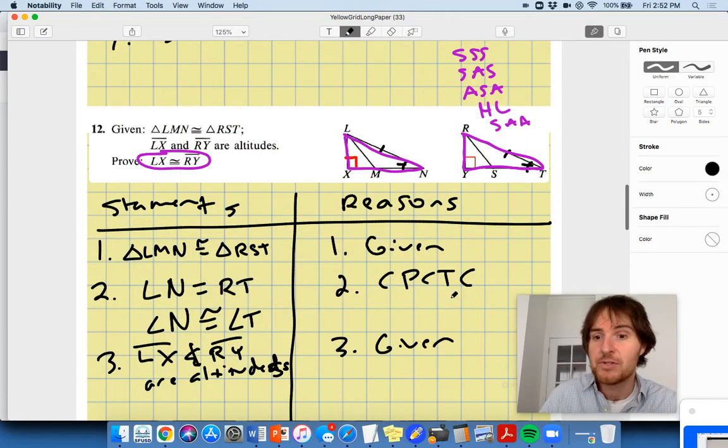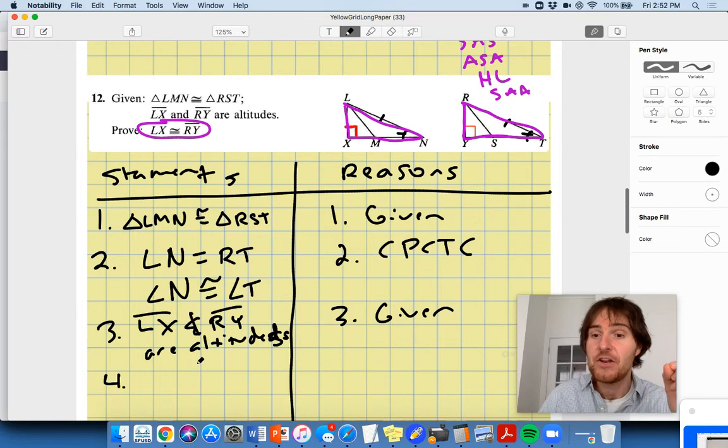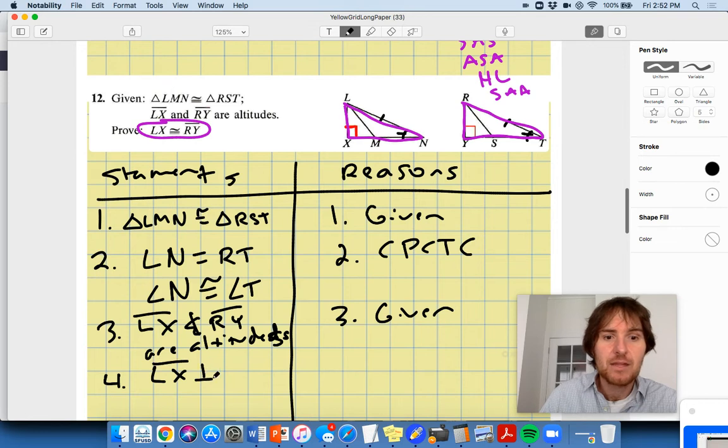And what do we know about altitudes? What are they defined as? They're the segments drawn from a vertex of a triangle perpendicular to the side opposite, right? To the line containing the opposite side here. So those are altitudes. So the definition of altitude is going to give us the perpendicularness of this one here. So I'm going to know that LX is perpendicular to XN.